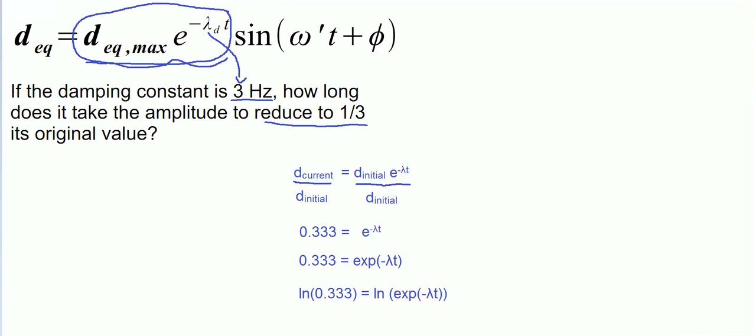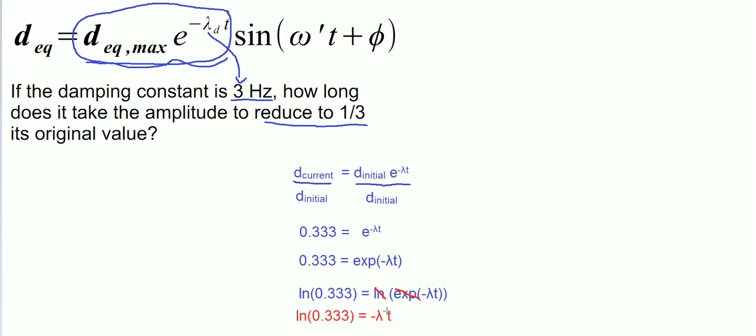In other words, on the right-hand side, it is an inverse function that removes the exponential function. It simply gets rid of it. And so you'll be left with the logarithm on the left-hand side equal to negative lambda times time.